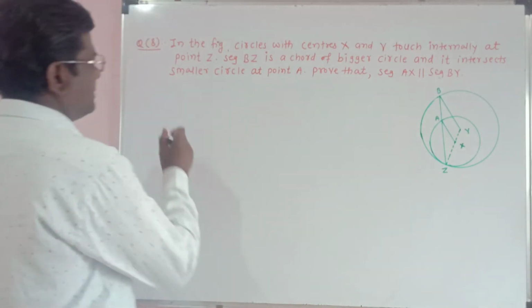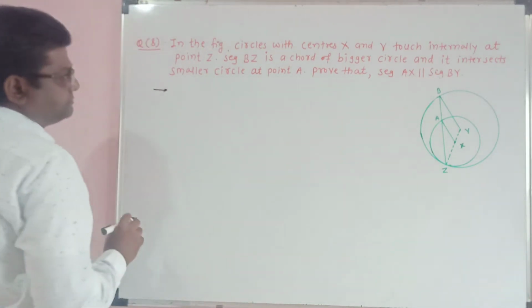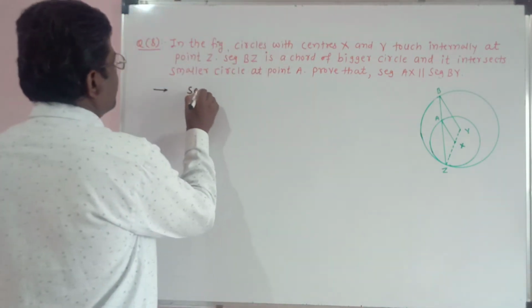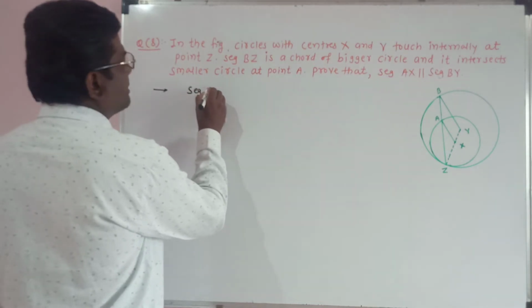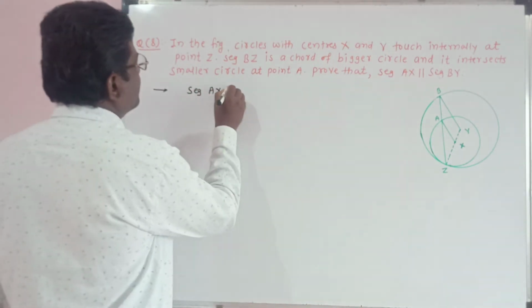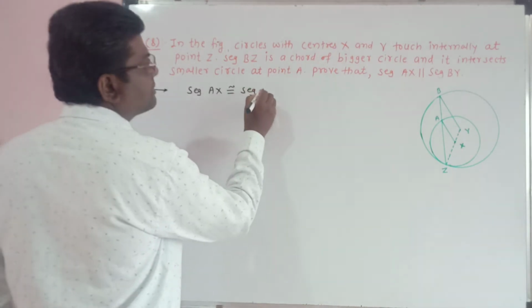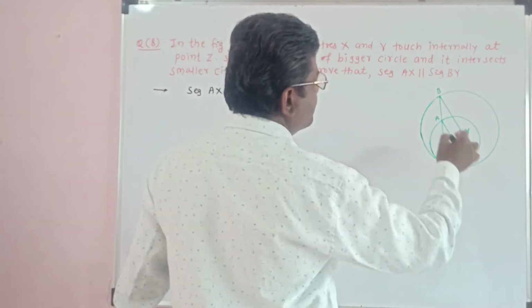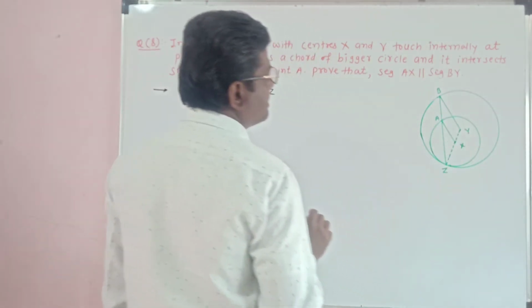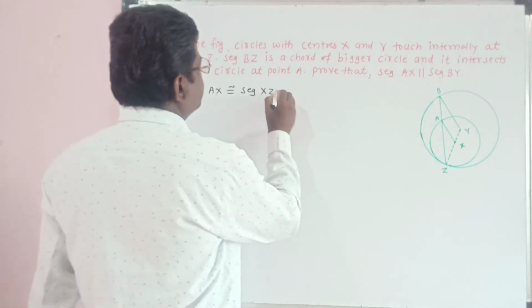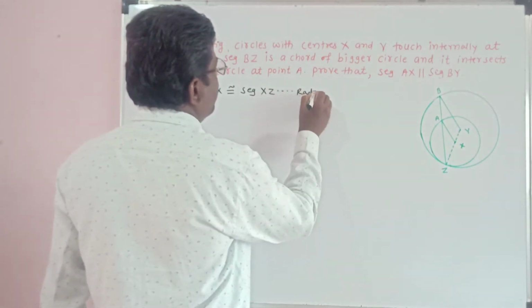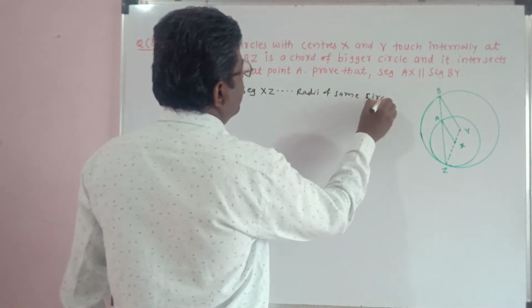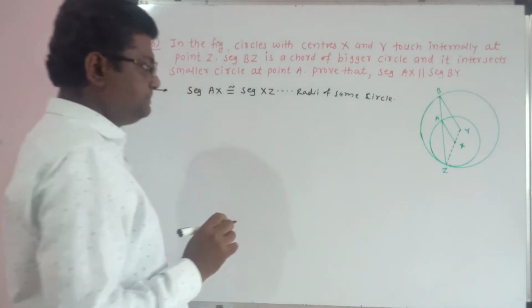Now let's solve this example. Segment AX congruent segment XZ. For the smaller circle, segment AX congruent segment XZ, radii of same circle.